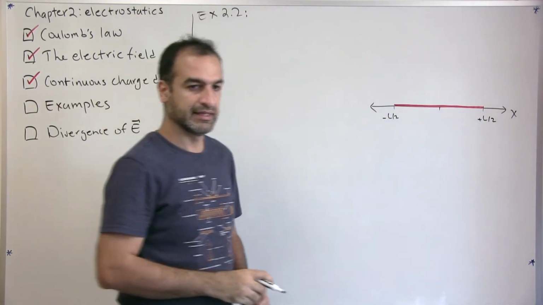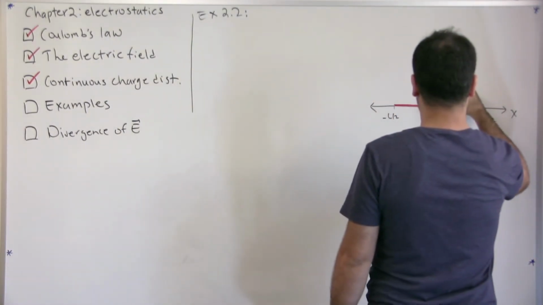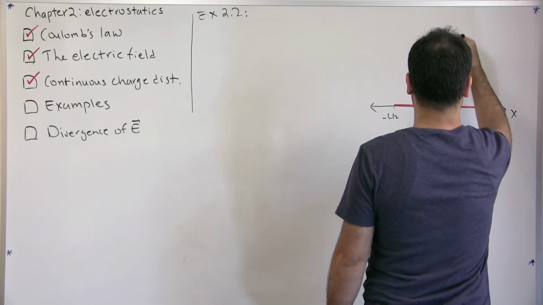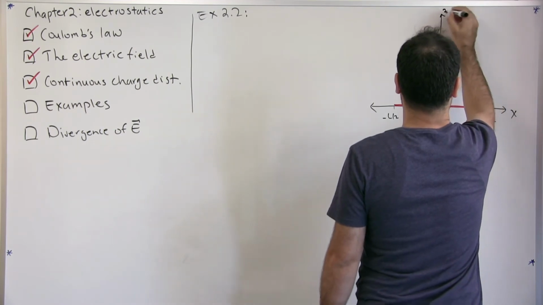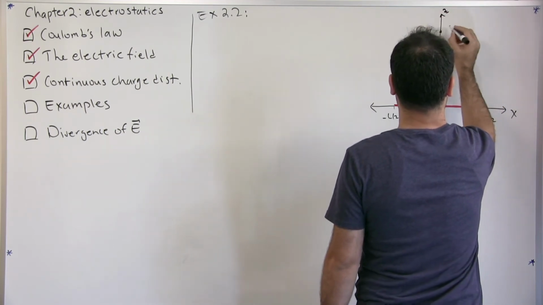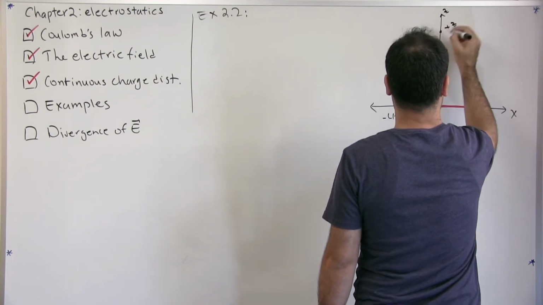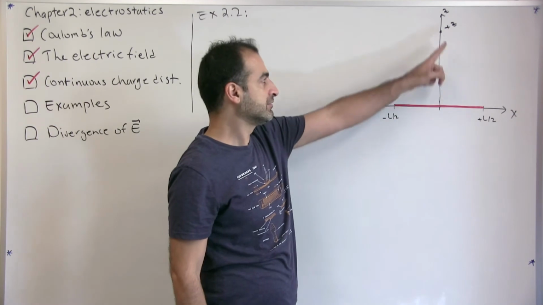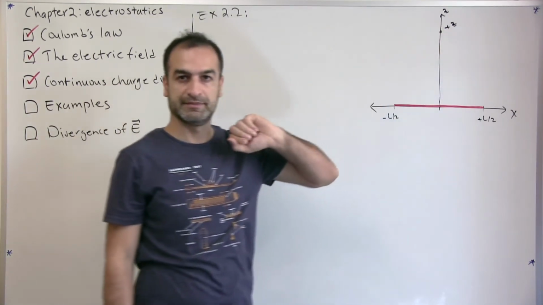And the question is, what is the electric field on the z-axis at the position plus c? So we have this line charge distribution. We want to look at the electric field right here.